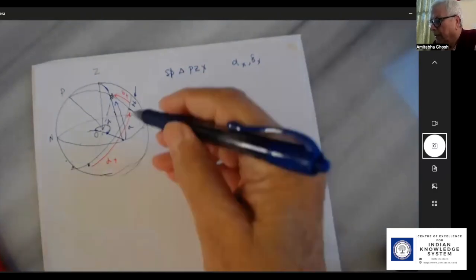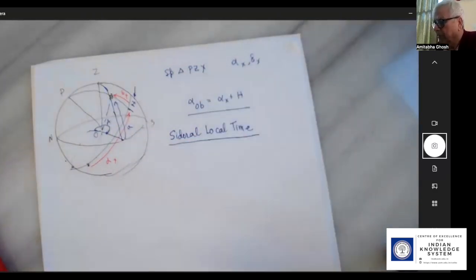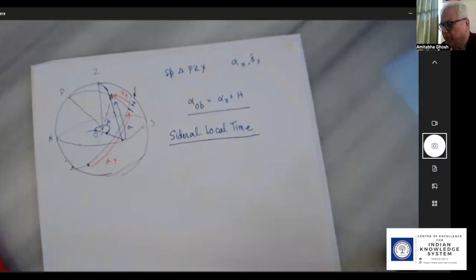Okay, and why this angle will be important, that you have seen before. Now we have to apply the reverse formula.